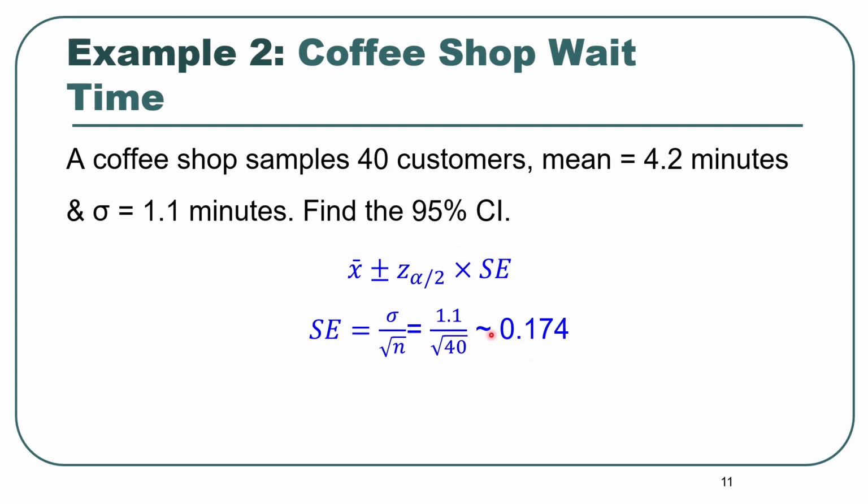So I'm going to plug that value and the 1.96 into my formula. It will give me that interval. So this is the 95% confidence interval for the average waiting time for customers, and it is between 3.86 minutes and 4.54 minutes.